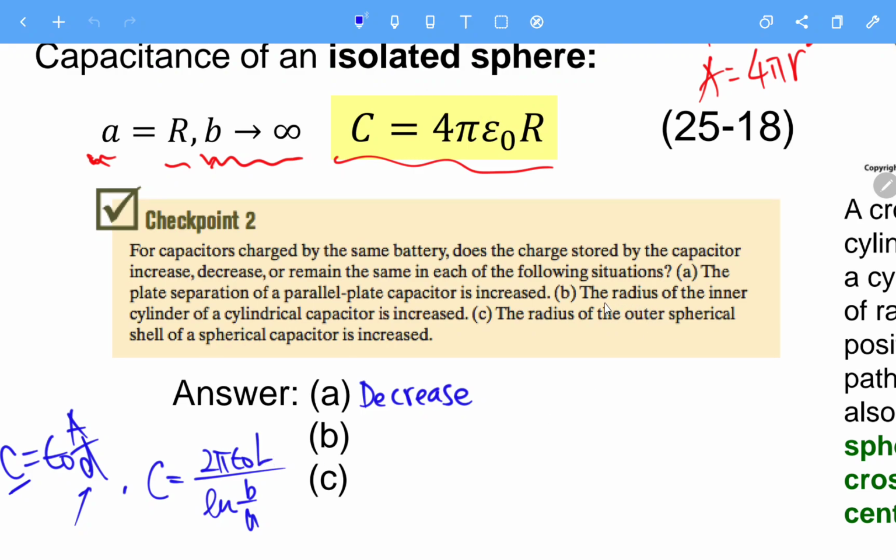It asks if we increase the radius of the inner cylinder, which means we increase A, what will C change? Does it increase, decrease, or stay the same? If A increases, then B over A decreases, the log decreases, and so C will increase.